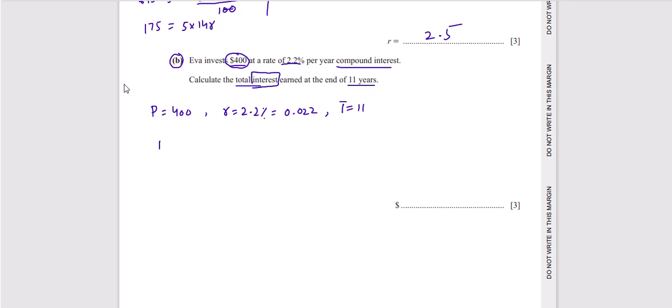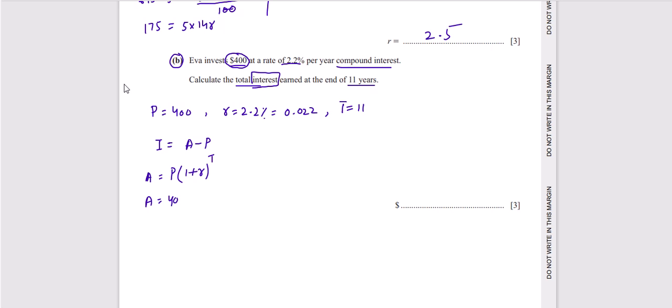The formula of interest is I is equal to A minus P. The given data is P, R and T, not A. So first of all we calculate A. So A is equal to P into (1 plus R) raised to the power T. What is the value of P?